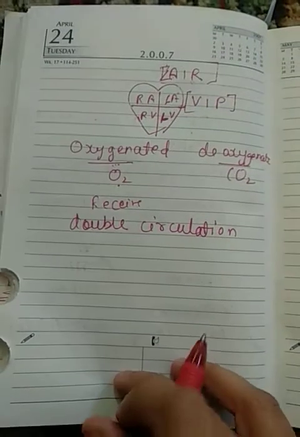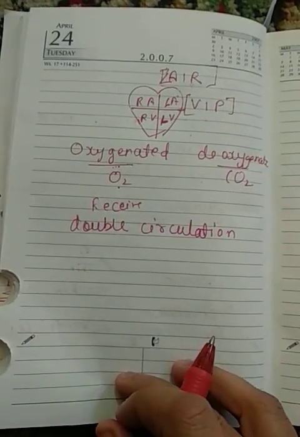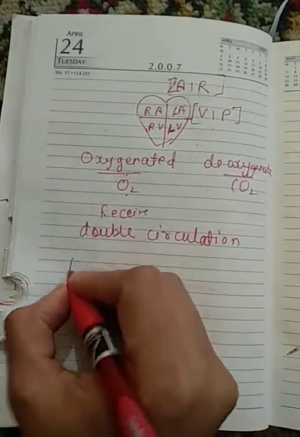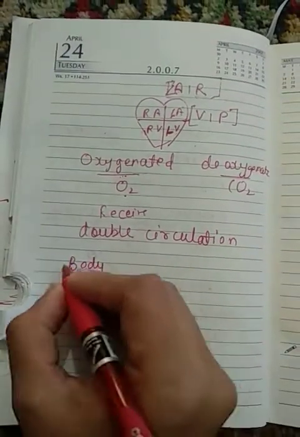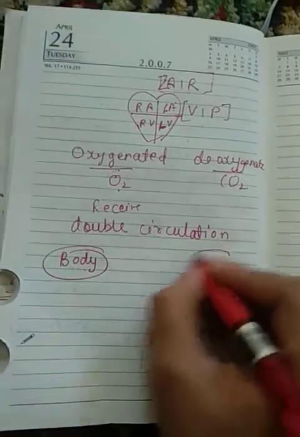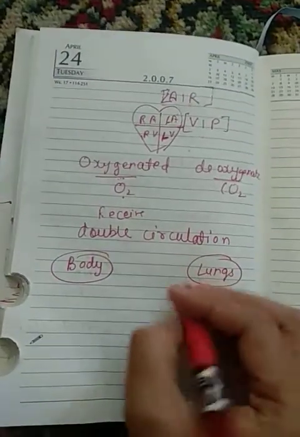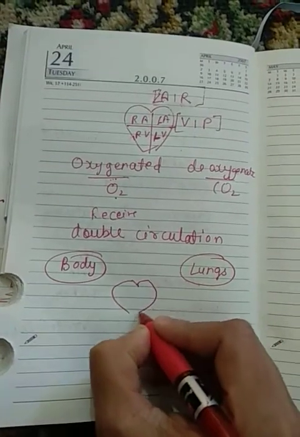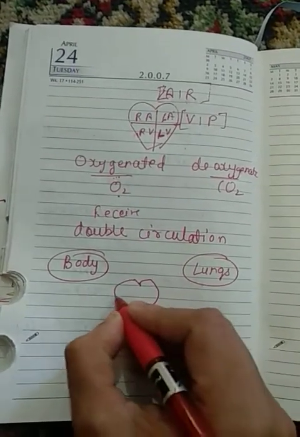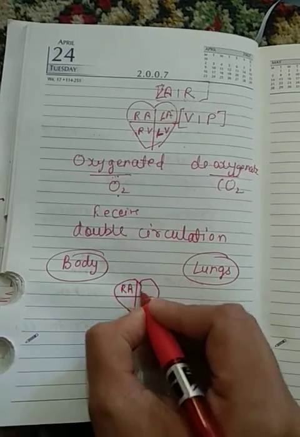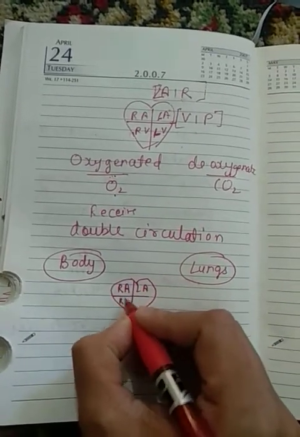So let us look at the precise way. Let us suppose this is the body, meaning different body parts, and let us suppose this is our lungs, right? And let us say that this is the heart, which contains the four chambers: right auricle, left auricle, right ventricle, left ventricle.